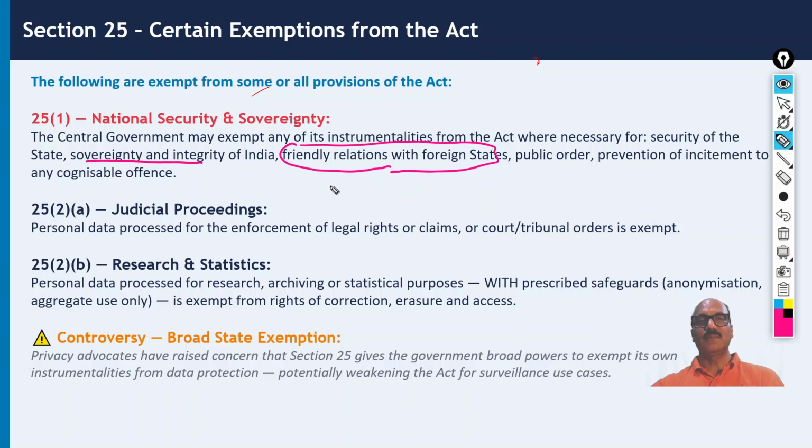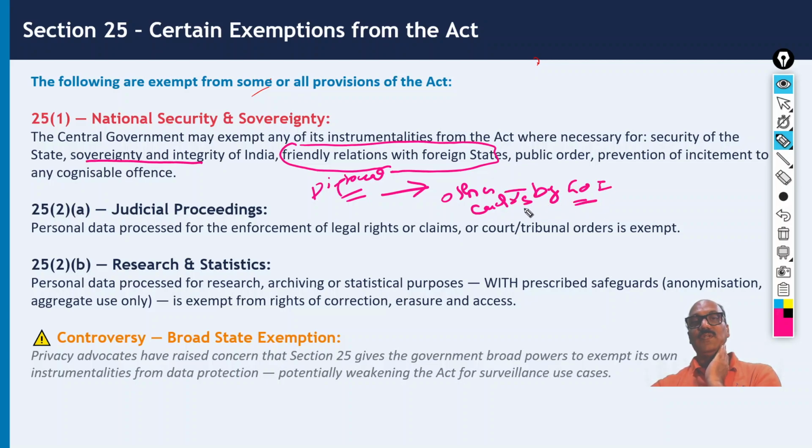So in this aspect also, you cannot expect the government to take consent, which is a very important obligation under DPDP, right? So diplomats' information will be sent to other countries by the government of India without consent, right? So that's why these are the reasons.